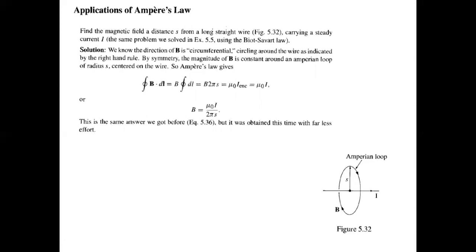We're using the closed line integration of B, and because B has no dependence on the path, we can just find this one, which becomes mu 0 times I. So B is this. You remember this was pretty difficult to do in terms of the Biot-Savart law, but this is far easier here.